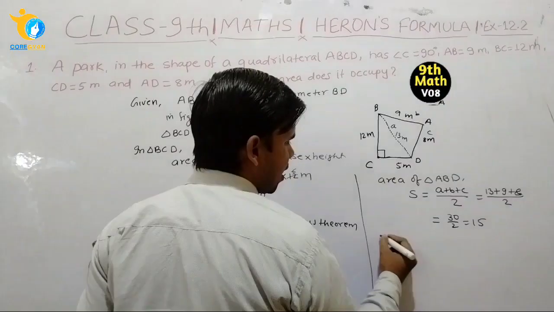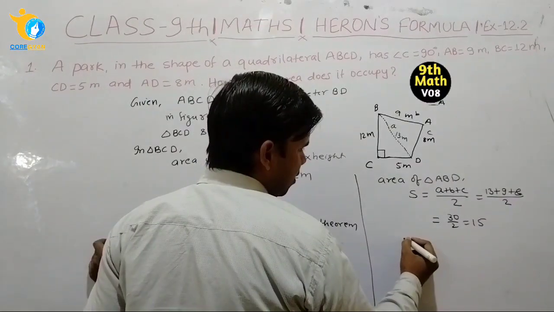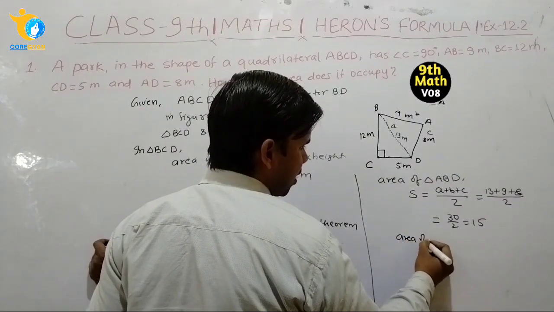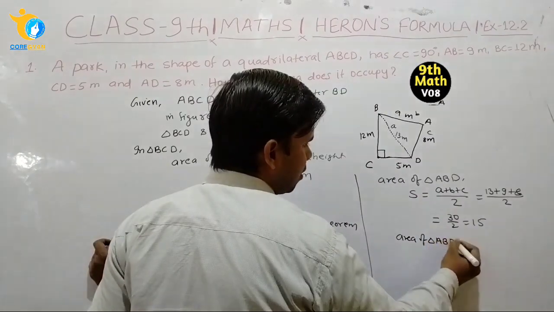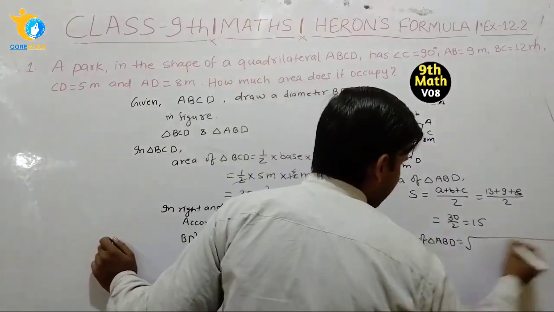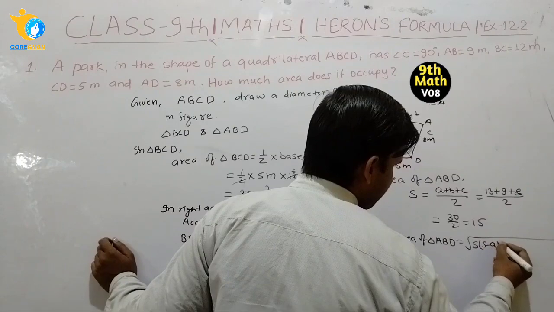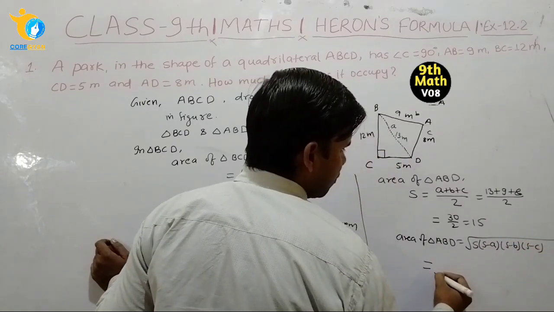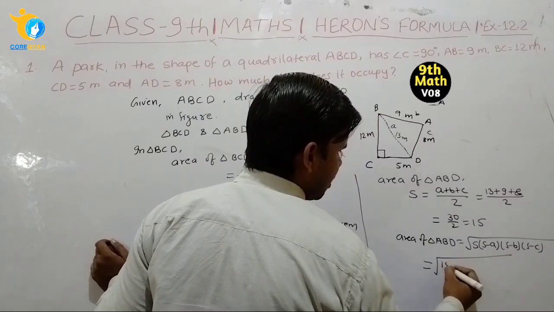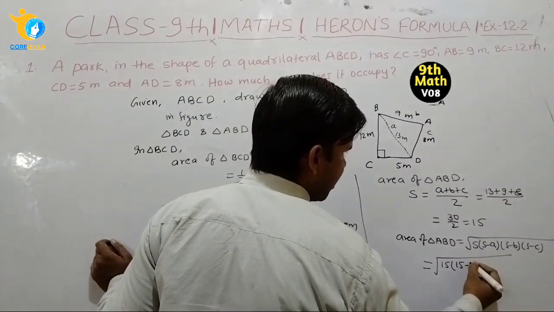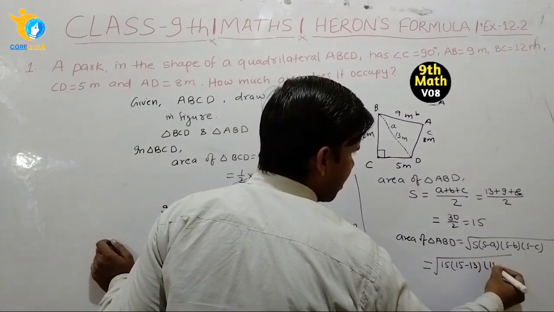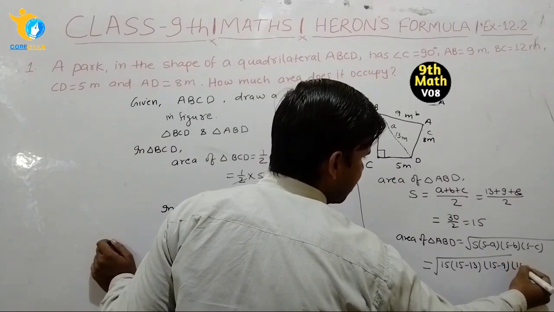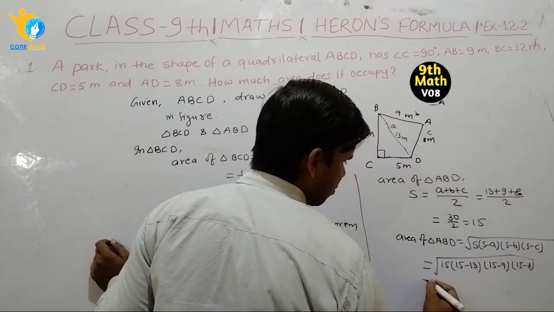So S is 15. Then finally the area of triangle ABD is root under S into (S minus a) into (S minus b) into (S minus c). Then put the values: 15 into (15 minus 13), (15 minus 9), (15 minus 8). Then you have to solve them.